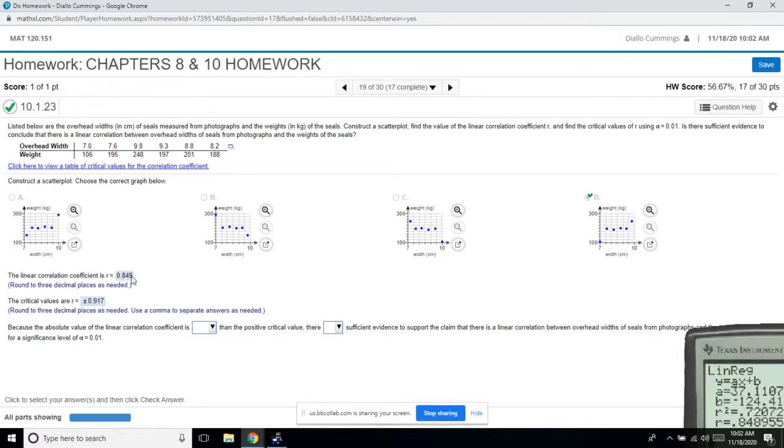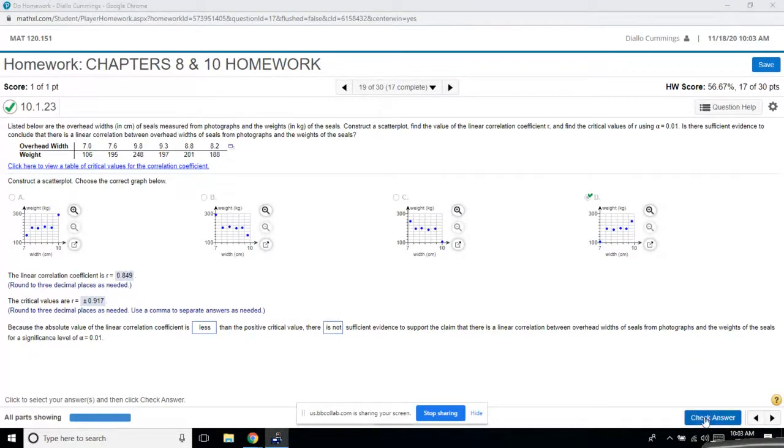So notice that this value does not fall within our critical values. It's actually less. So because the absolute value of the linear coefficient is less than the positive critical value, there is not sufficient enough evidence to claim that there is a linear correlation.